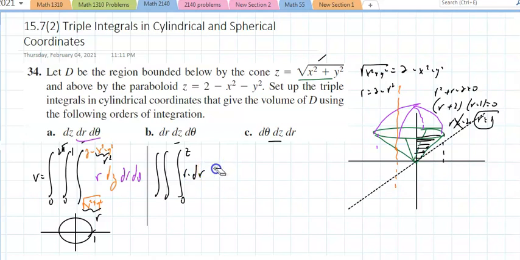Oops, I'm so used to that. dz d theta in this case. Well, theta runs from 0 to 2 pi, and z is 0 to 1.